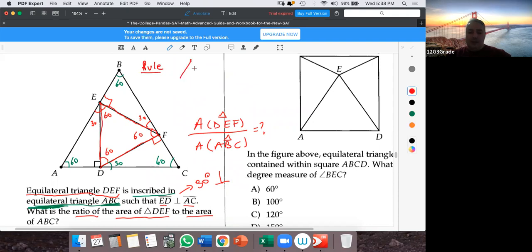Now, my dears, we have to know one rule. Rule is this. Let's say this is ABC. Let's say this is DEF. Rule is this. This is triangle 1. This is triangle 2, let's say.